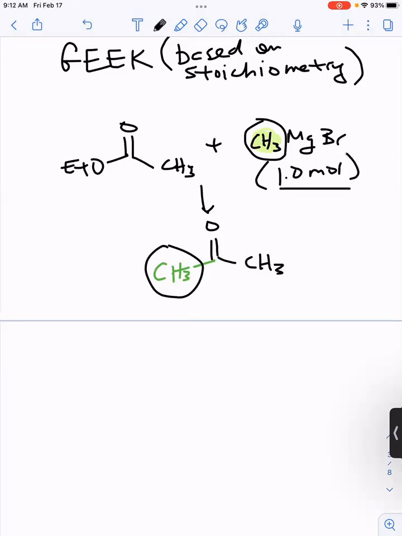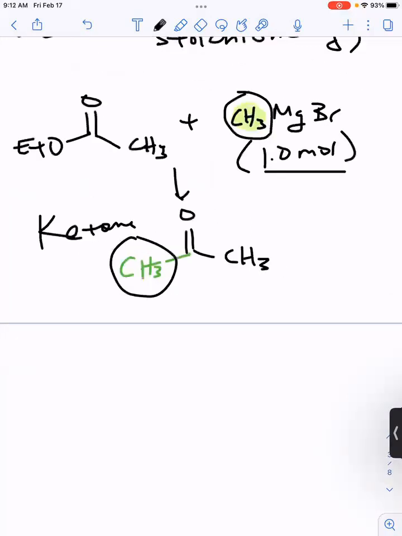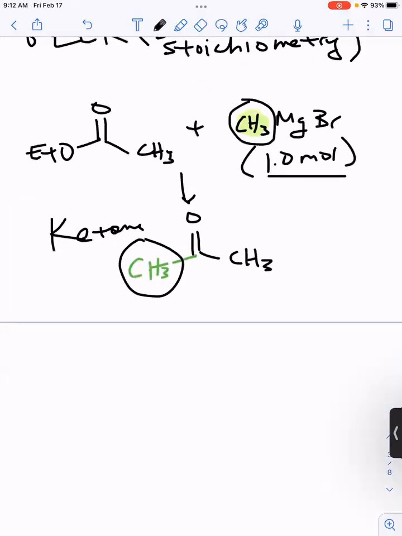All right. So that's with 1 mole of ester. And so if I take 1 mole of Grignard added to the ester, and I take that ketone that I get, and I add another mole of the Grignard, what should I get?